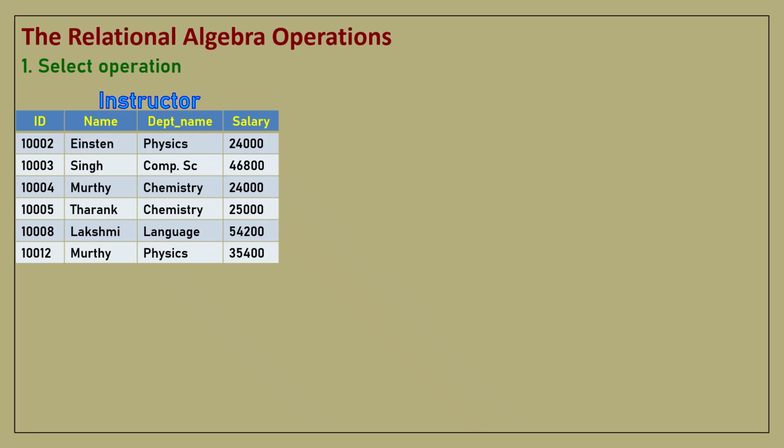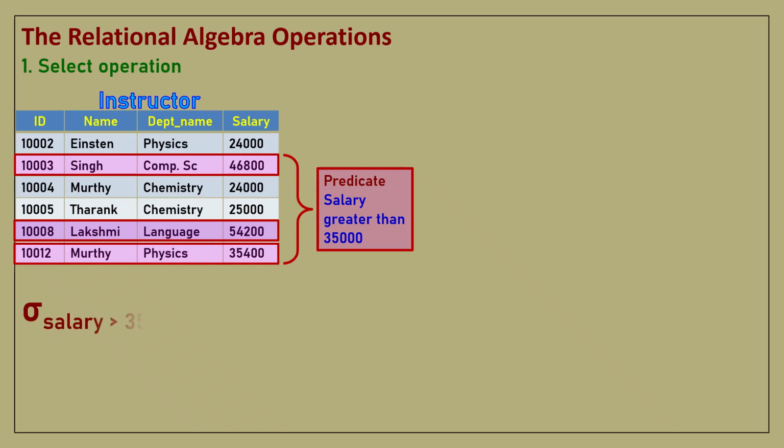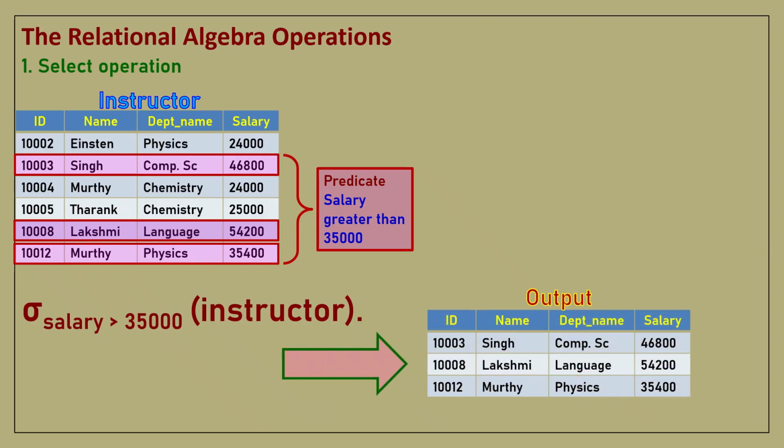Consider some examples. Select those tuples from instructor relation where instructor is getting more than 35,000 salary. Sigma, salary greater than 35,000, from instructor. This results in retrieving tuples from instructor relation with salary more than 35,000.